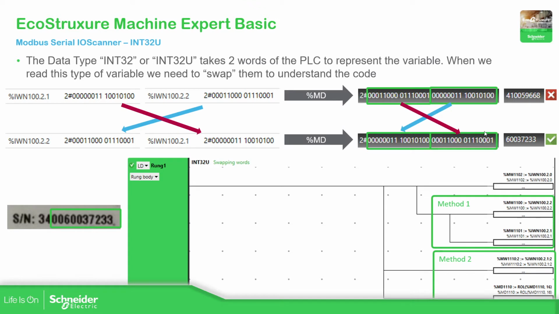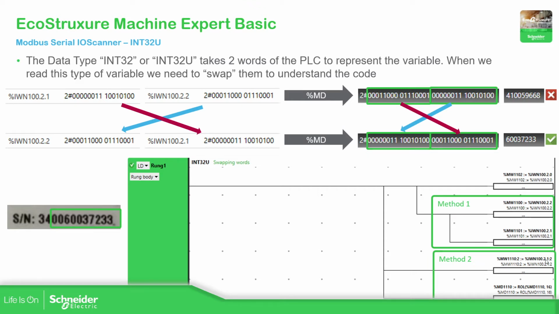Okay, so we have two ways of doing this. What we can do is to use or move directly the information that I want from here. You can see here I'm moving the high part to the lower and the lower part to the high part, so I can easily assign which should be the part that I want to show.